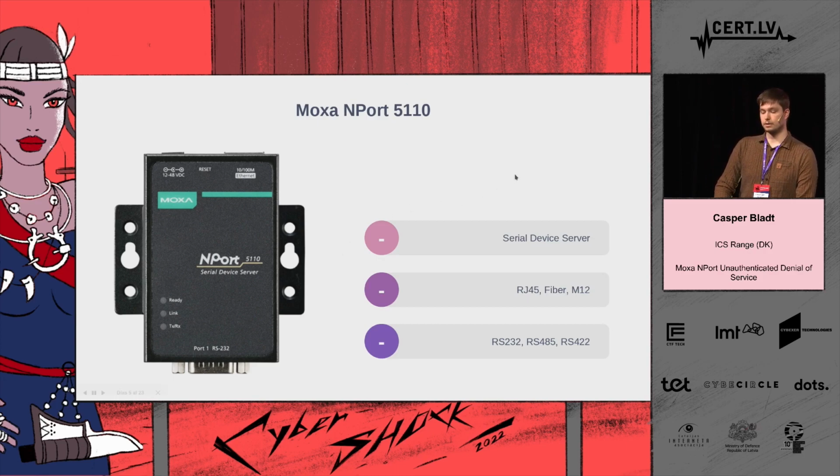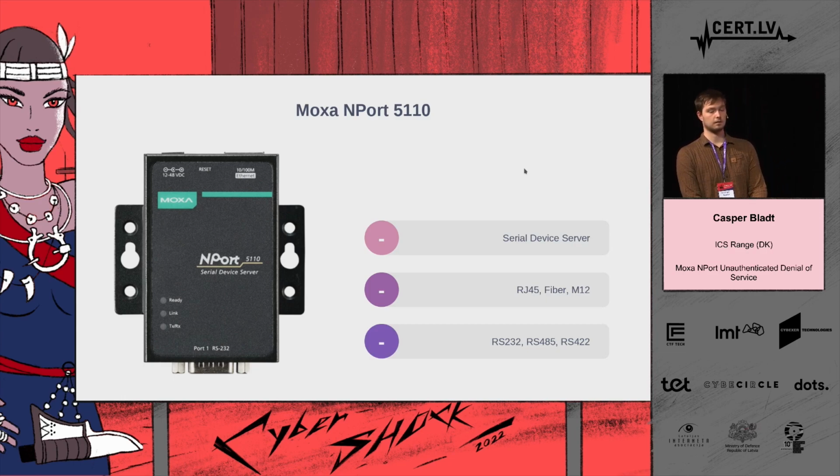We at ICS Range have been testing this device a lot the last half year or so, and there are a few reasons for that. One of them is that there are a lot of them in use around the world, especially in Europe, where they are in use in everything from refrigeration plants, power plants, wind turbines, and all sorts of other stuff that exists.